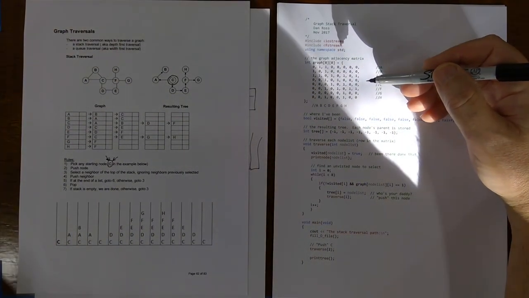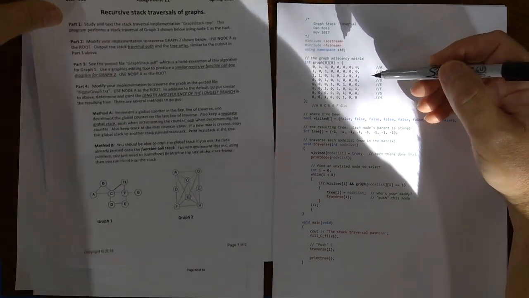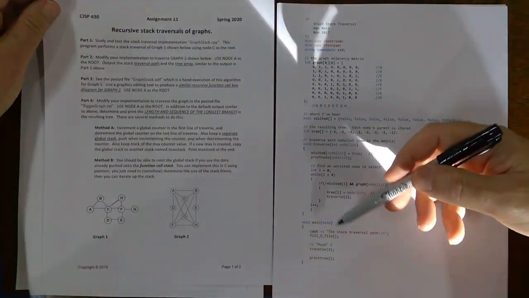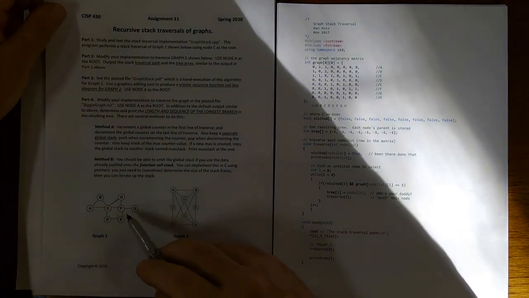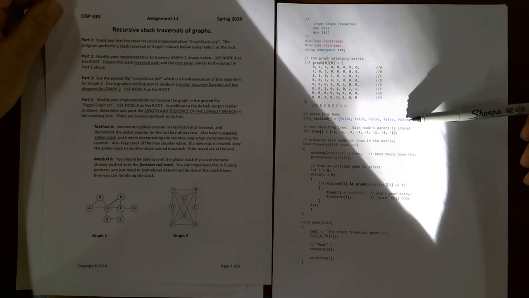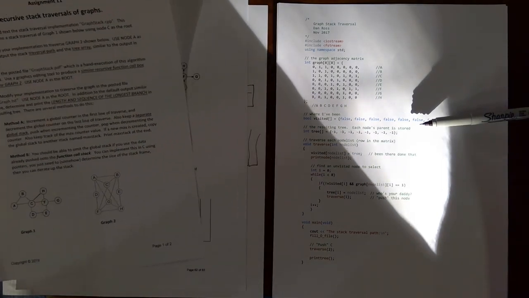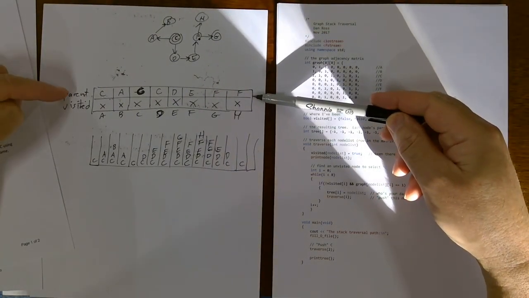So you're going to get a slightly different tree. Anyway, this thing works. It's fully executable code for this graph right here with the extra link in there, the CH link. I've got an array of Booleans where I'm just marking who I visited, which is this array here where I have the parent and the visited.